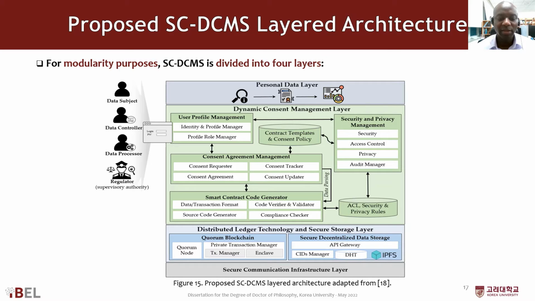The distributed ledger technology and secure storage layer provides the blockchain-related functionalities and the secure decentralized data storage based on the IPFS protocol. And finally, the secure communication infrastructure provides secure communication for secure messaging.